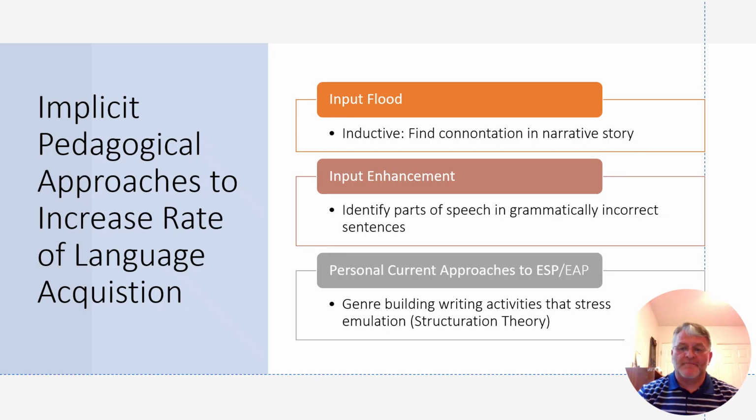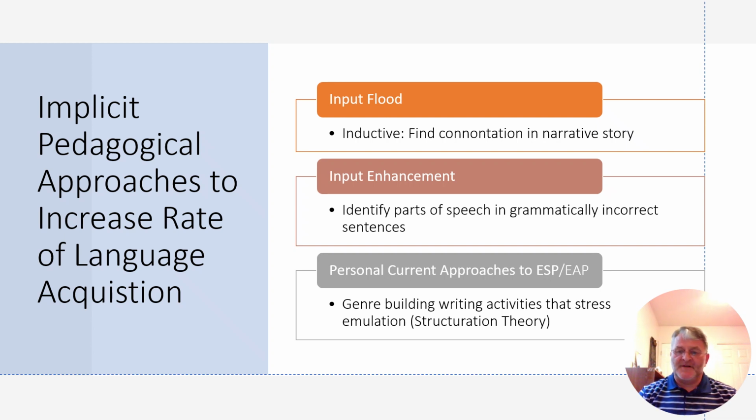I'd like to end my short presentation with a few pedagogical approaches to language acquisition I have used in my classroom. I have used a bit of input flood recently for some of my students who are attempting to understand connotation in literary text. I have used a bit of input flood with an inductive approach by providing them with a story, in this situation, The Lottery by Shirley Jackson.